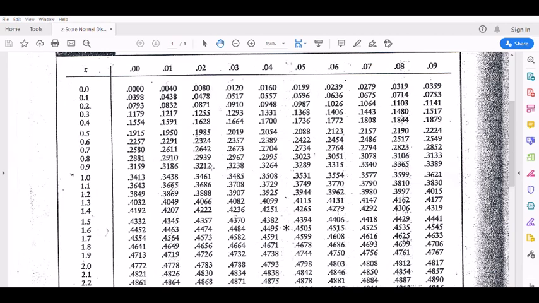So 78 minus 61 would give you 17. 85 minus 78 is going to give you 7. It's closer to this 3485. So it would be 1.03. And it is negative because you're to the left of 0.